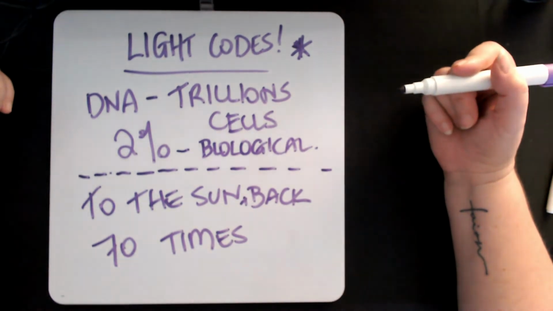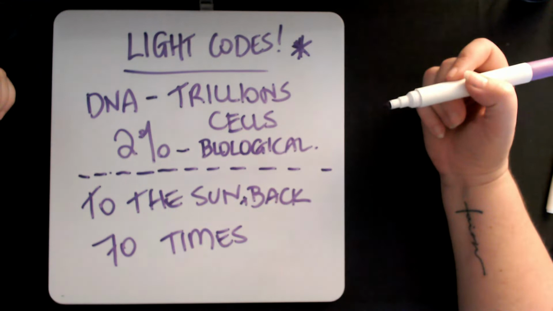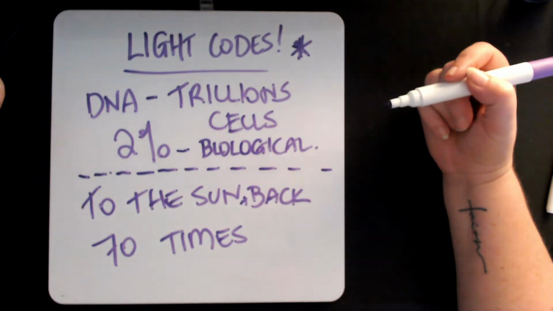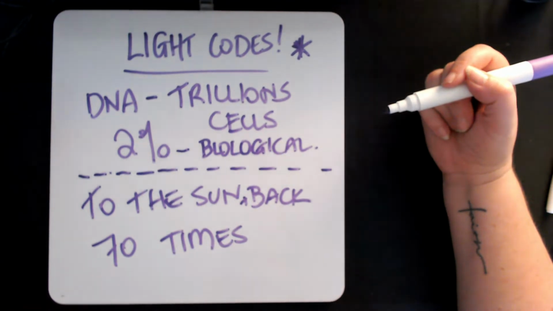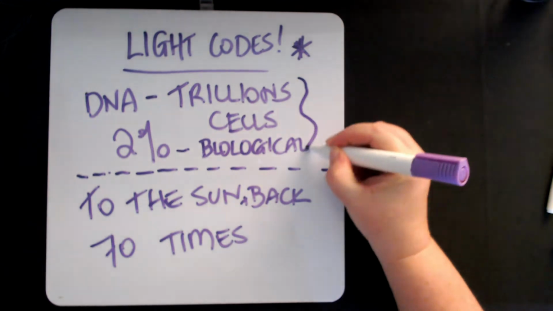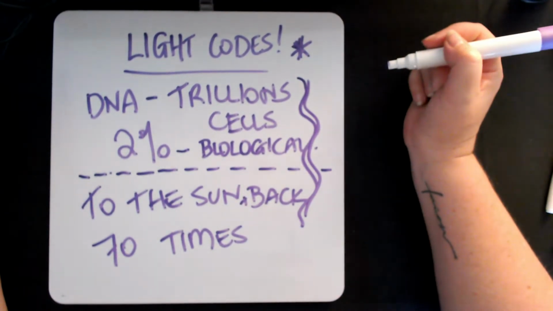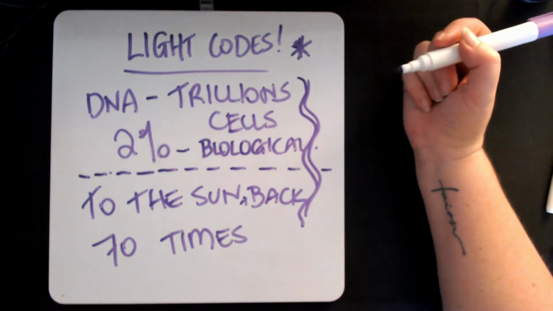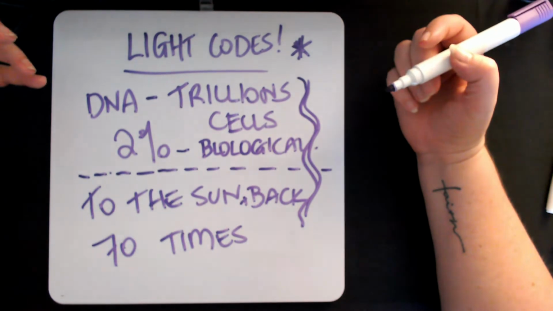But what we're talking about with light codes in our DNA is holding memory to the energetic beings that we are. And these little light code cells nestle themselves up against the carbon-based DNA, or the biological that we know and understand, and they're part of the process of being who we are as humans.